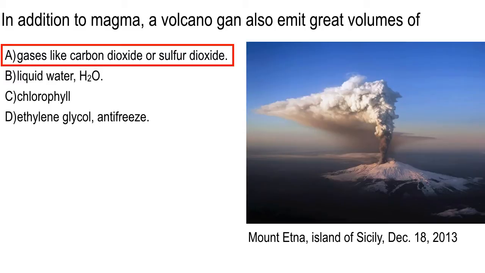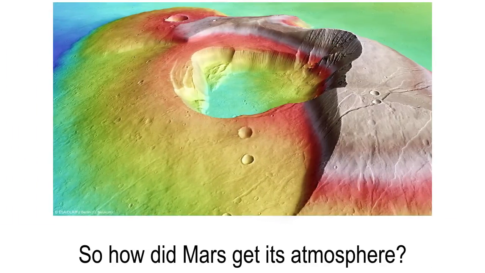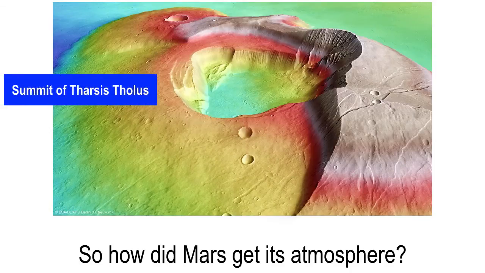And we think that a lot of Earth's atmosphere is from volcanoes over the eons of time. And so a similar question can be asked: how did Mars get its atmosphere? So let's talk about Mars's atmosphere and its volcanoes. This is a picture of a fairly small volcano, Tharsis Tholus.